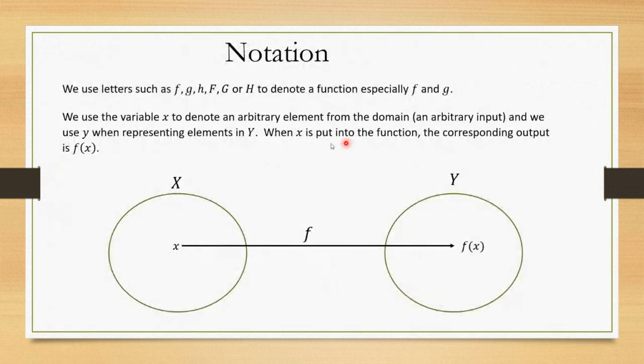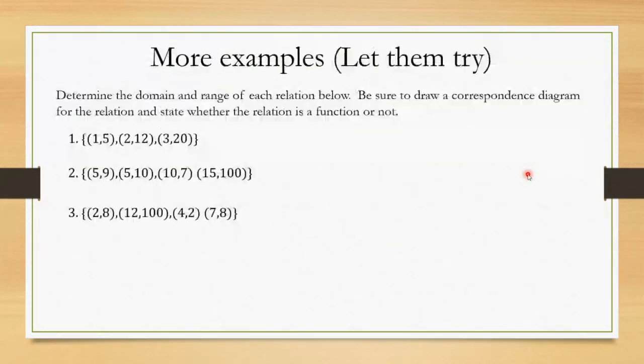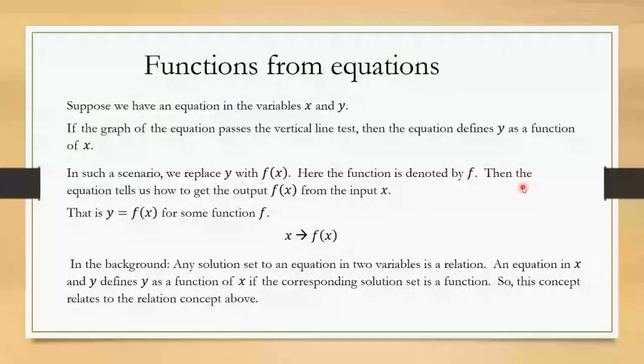In the notation, let me go back to the notation real quickly. Here, actually, we have y is a function of x. I think I said it here. When you have y as a function of x, we have this. So what we've had so far is y is a function of x. And since y is a function of x, if f is that function, you can replace y with f of x in the equation.